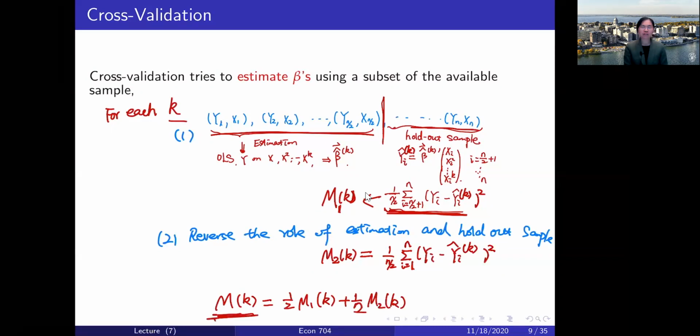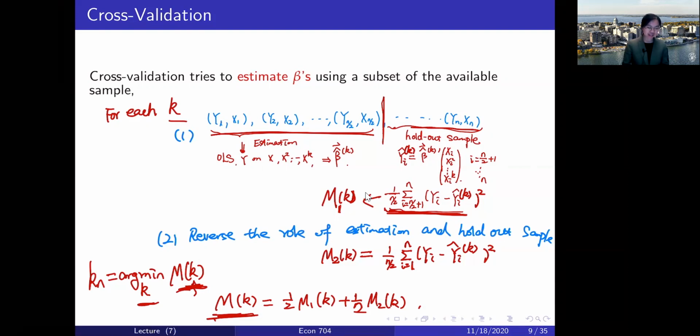And that will be your cross-validation criterion. You're going to minimize this criterion to choose your K. So what you do in practice, you try different Ks, say K from 1 to say 20, and then you calculate this M for these 20 Ks and see which one gives you the minimum value of the cross-validation criterion function.